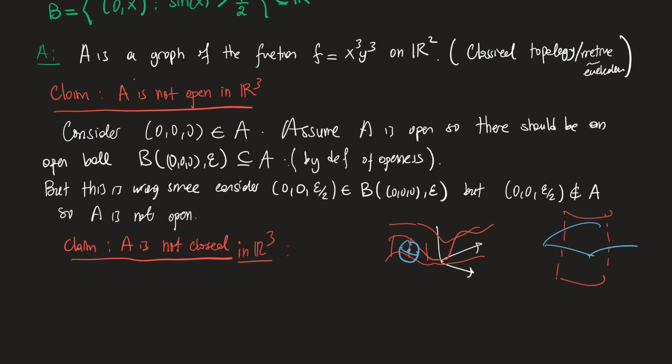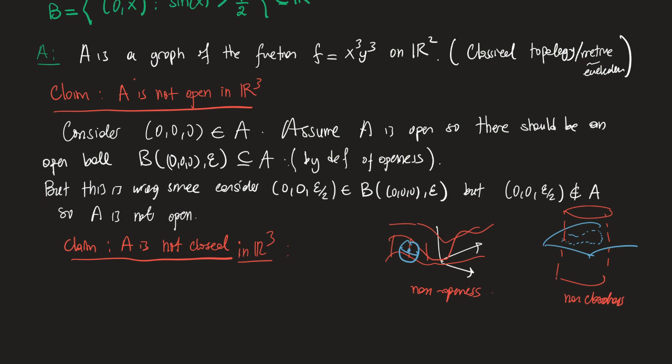When you intersect these two surfaces, you get a piece of a surface which is not closed, because it does not include these boundaries. That's why it will also not be closed. Okay, let me show it is not closed.